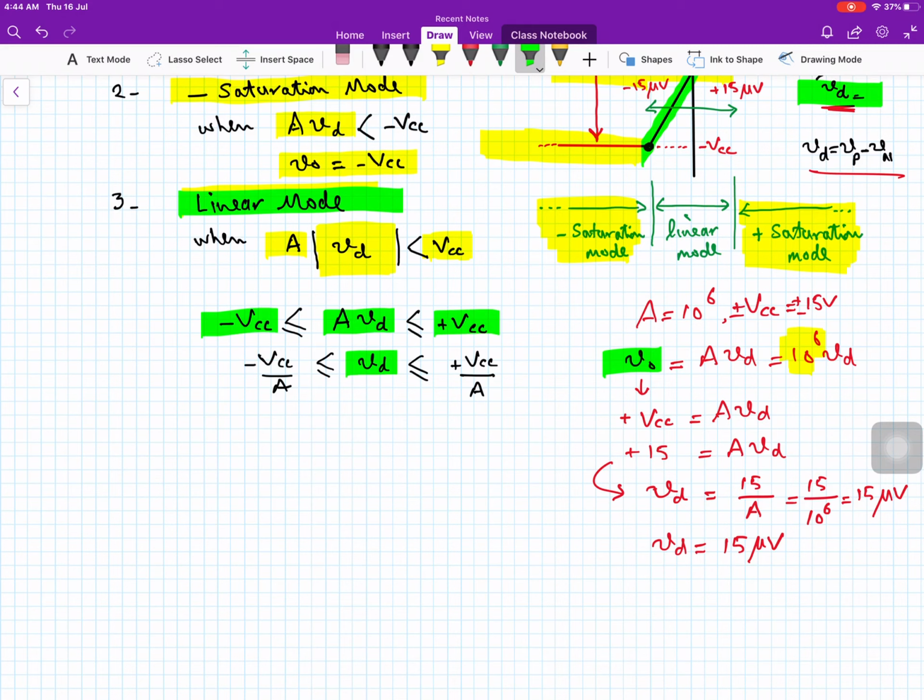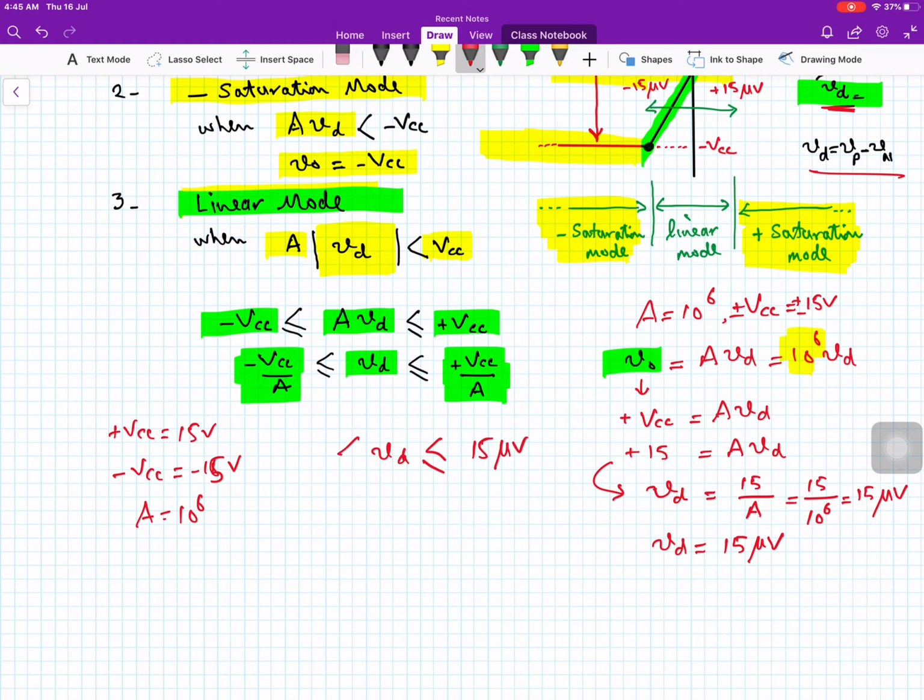So again, if plus VCC is 15 volt and minus VCC is minus 15 volt, and we are assuming A is 10 raised to the power 6, then VD will be less than 15 microvolt and greater than minus 15 microvolt. Means when the differential voltage applied at the inputs of the operational amplifier is within this range, the operational amplifier is in linear mode, as I have shown over here.